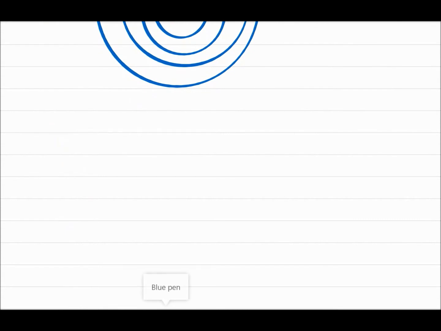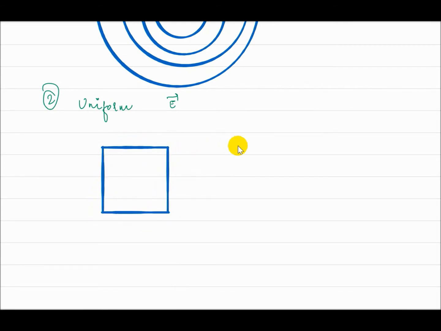equipotential surface for a uniform electric field. Second, uniform electric field. So we'll consider these slabs that are actually formed like this.